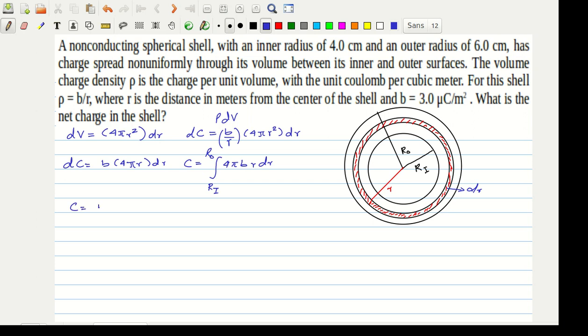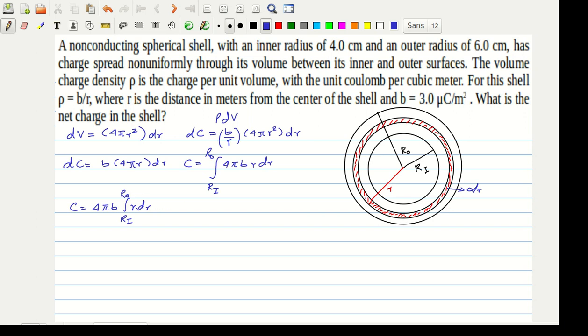So C is equal to 4 pi B times the integration of r dr from Ri to Ro.